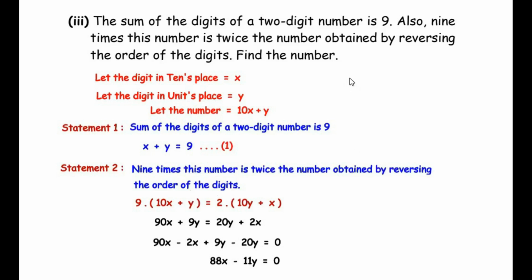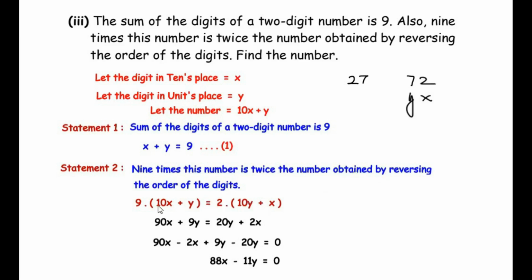So for example, if we had considered 27 as our number, we are going to reverse the order, that is 7 will take place of the tens place now and 2 will be placed in the units place. So when we do this, we are going to write the number as 10 times y plus x. So y comes over here and x goes over here. So the equation becomes 9 times this number is equal to 2 times the reversed number.